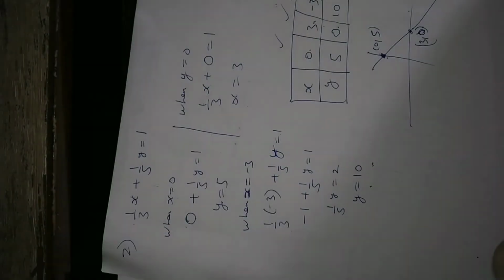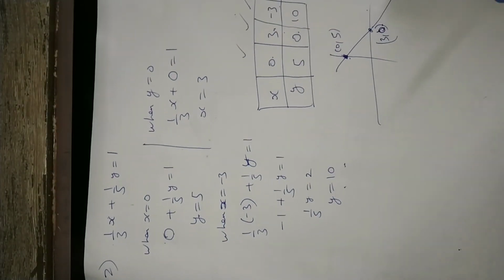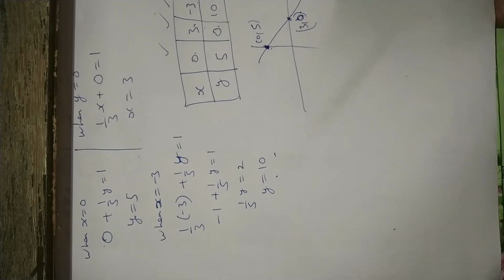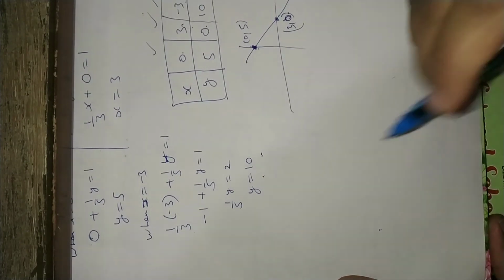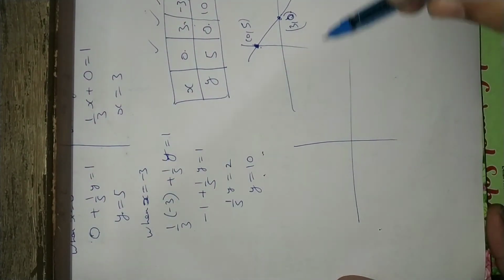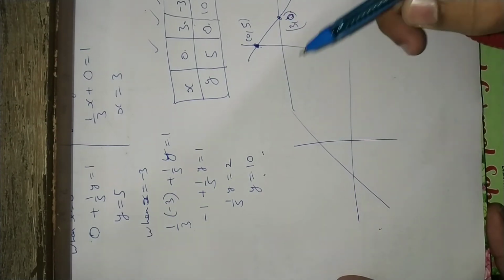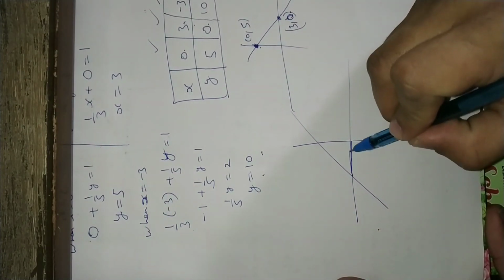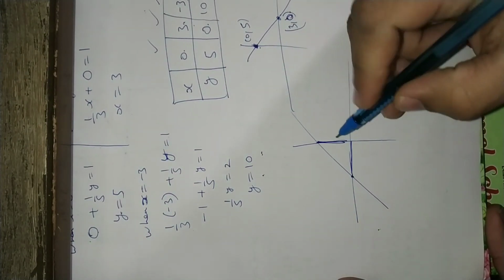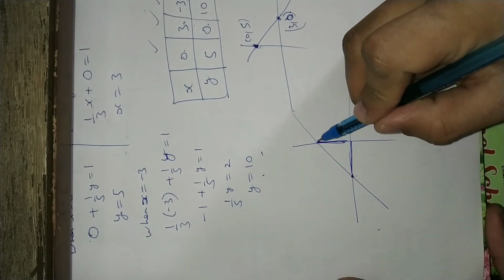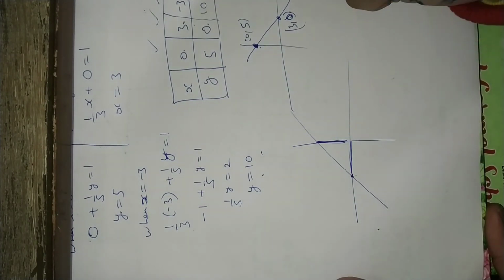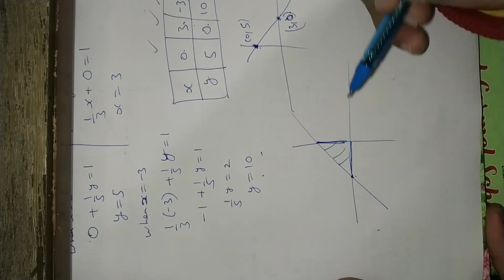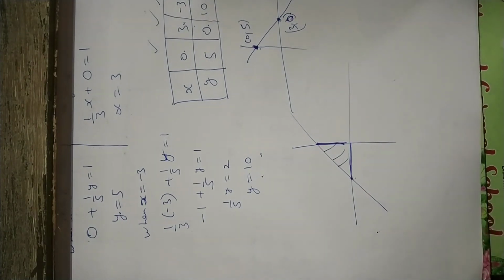So what is the formula for the area of a triangle? Half into base into height. So for example, if this is your triangle, then you have to find this point and this point. If this is 3, this is 5, so half into 3 into 5. That way you will find this area.